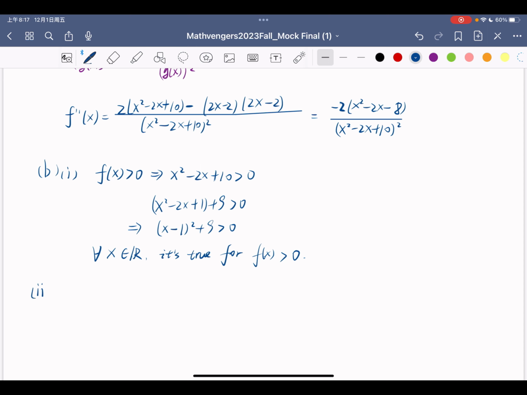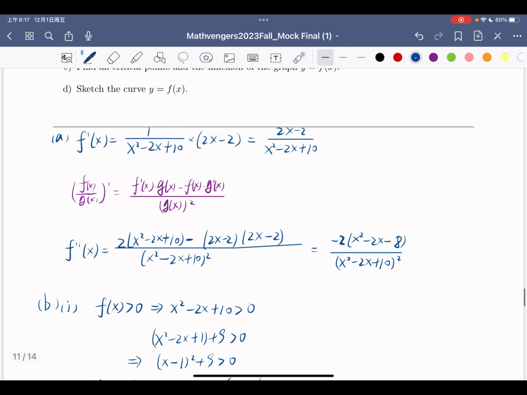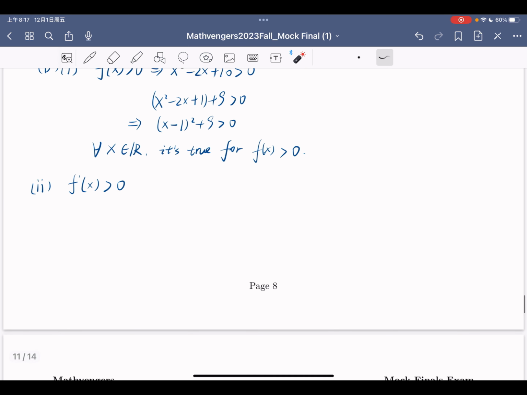For the second part, the first derivative should be greater than 0. From part A we already computed this, which means (2x minus 2) over (x squared minus 2x plus 10) greater than 0.